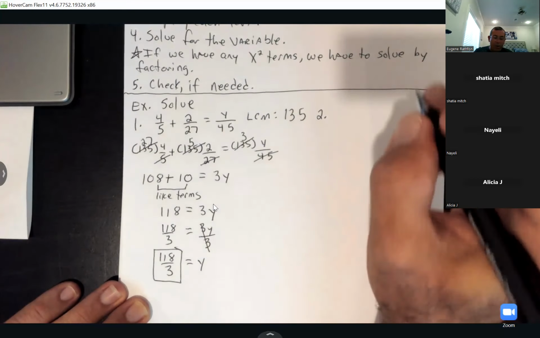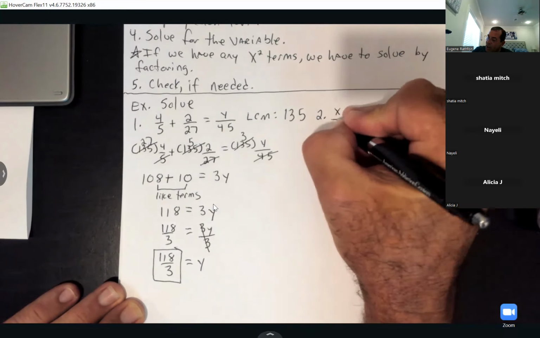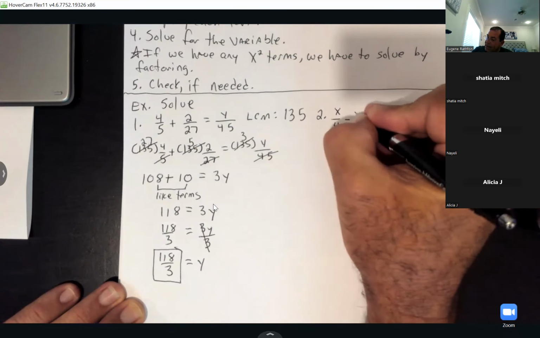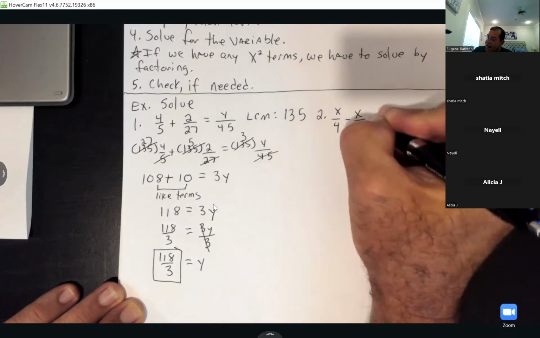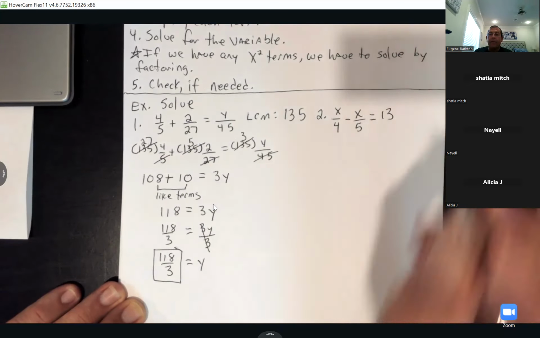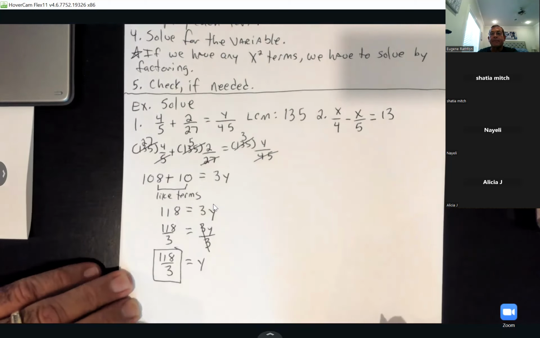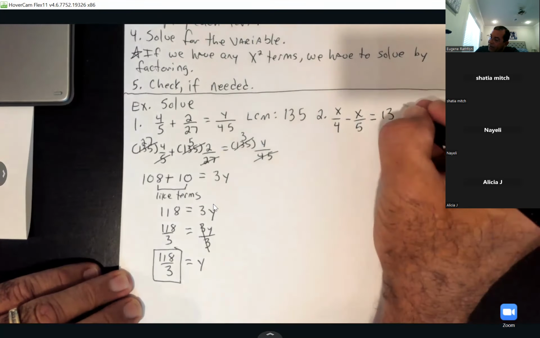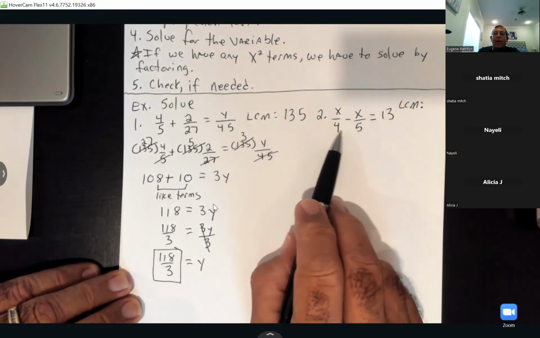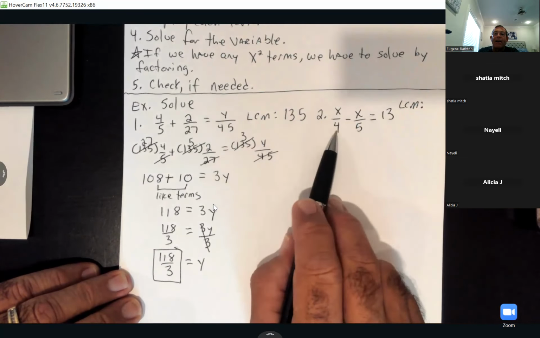All right, y'all, number 2. x over 4 minus x over 5 is going to equal 13. All right, so let's find our least common multiple. The only denominators I have are a 4 and a 5.